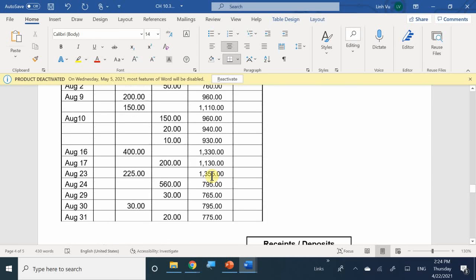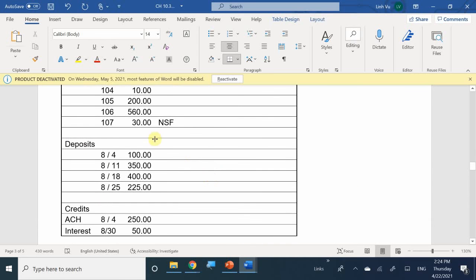Okay? And then I'm going to scroll up to my bank account and recognize how many deposits actually went through. Only 4. So if I have 4 that only cleared and I had 5 total deposits, then you can go ahead and go through each one. Right? So you have 100 deposit, 350, 400, and 225.